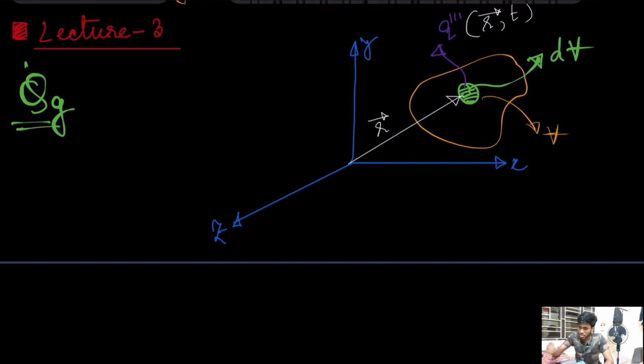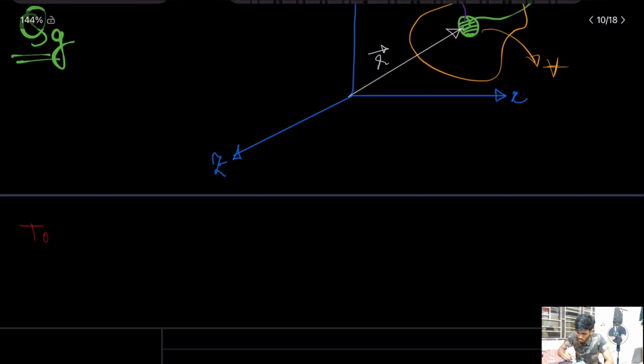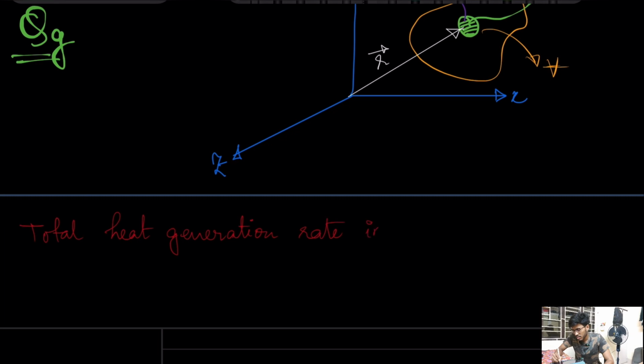That will be q triple prime into dV, because q triple prime is watt per meter cube, the heat generation rate per unit volume.